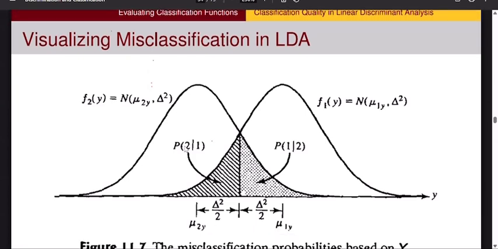If you take a look at this P2 given 1, it was classified to be in group two but supposed to be in group one. And this guy was classified to be in group one but supposed to be in group two. Now, can we have a way to measure? Please pay attention.